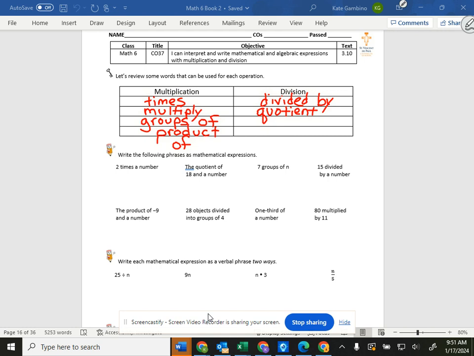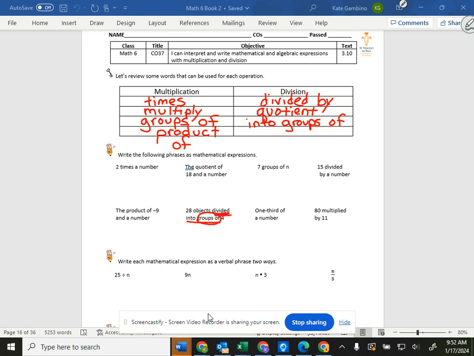Our last one we're going to write on here. For multiplying, if we're putting them 7 groups of n, means we're multiplying. But if we divide it into groups of, so like down here, divided into groups of, don't just see that groups of and think you're multiplying.